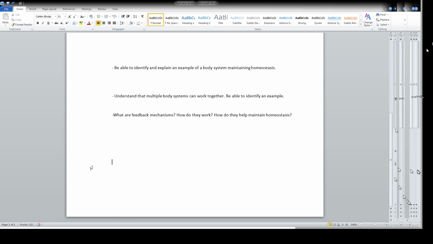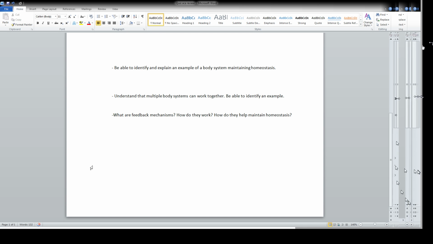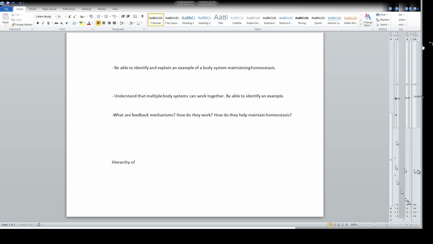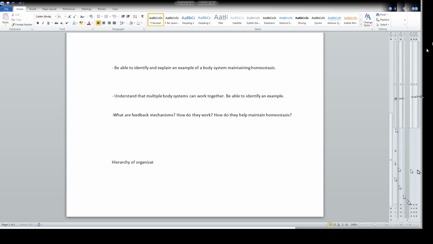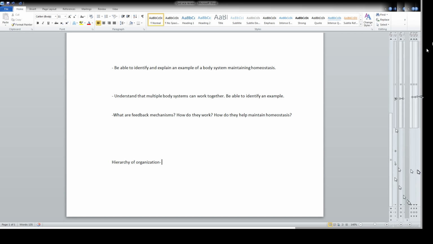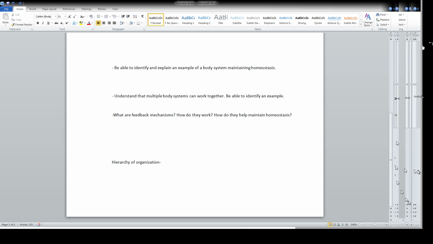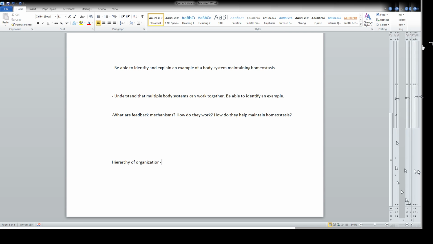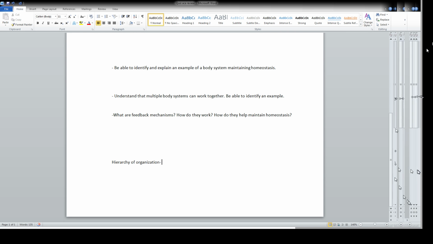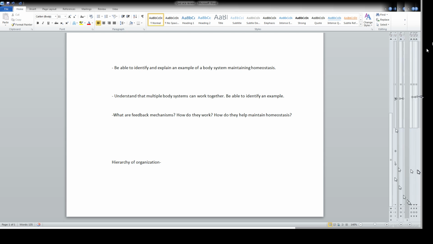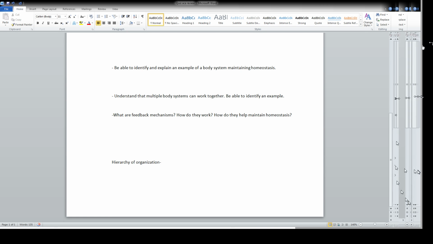Hierarchy of organization. That's the idea that smaller components like your cells, a whole bunch of cells can work together, and their ability to work together is what helps your larger systems, like your tissues and your organs and your organ systems, to function appropriately.